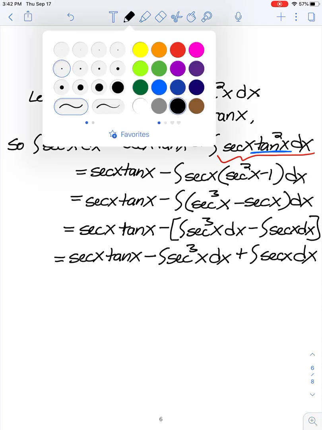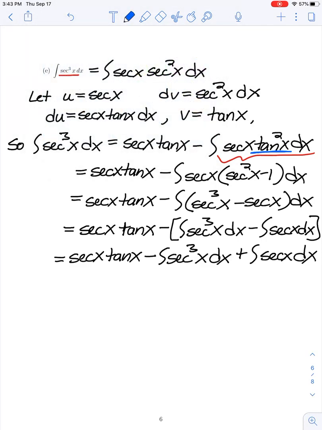So what I have now are two integrals. This integral on the end, we know how to evaluate. We've come up with the formula for the antiderivative of secant x. We had looked at that in section 1.5 on substitution. And this other integral that I have is the integral of secant cubed x. So you might recognize that immediately. Well, that's the same integral that we had started with.